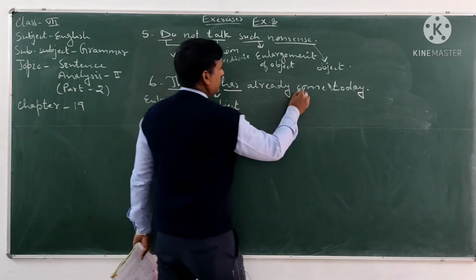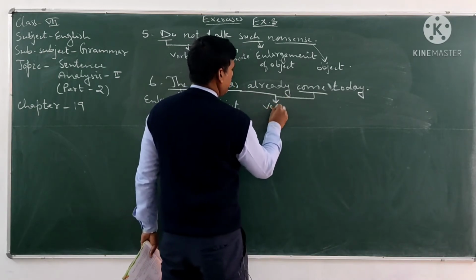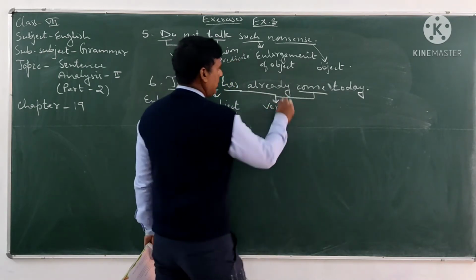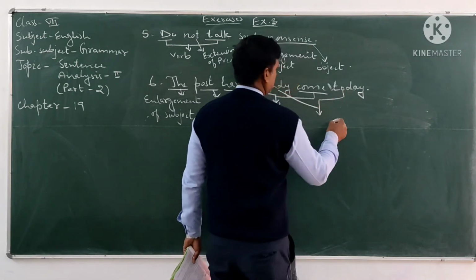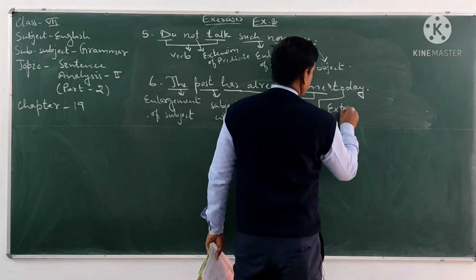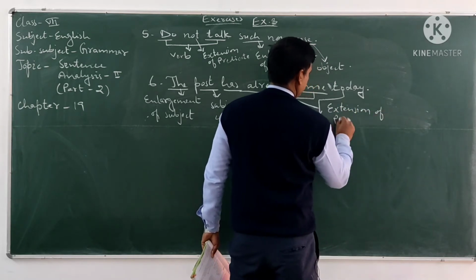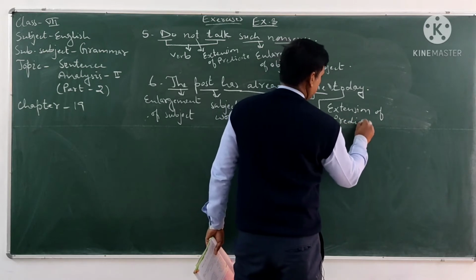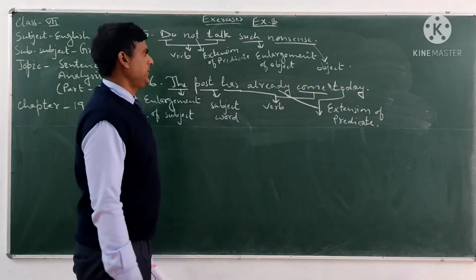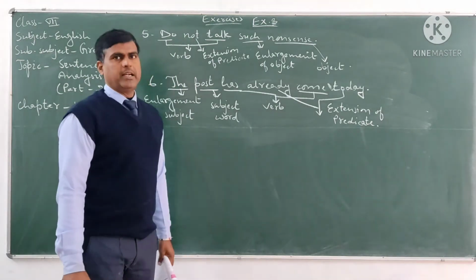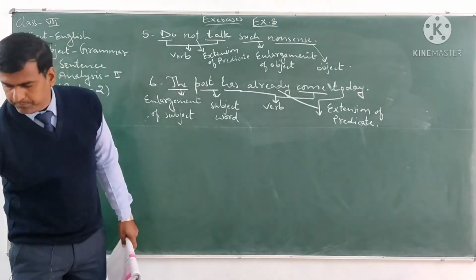Has and come, these two words are the verb, and already and today, these two words are the extension of predicate. So this is the sentence analysis of sentence number 6.